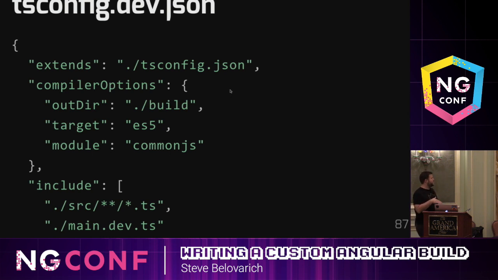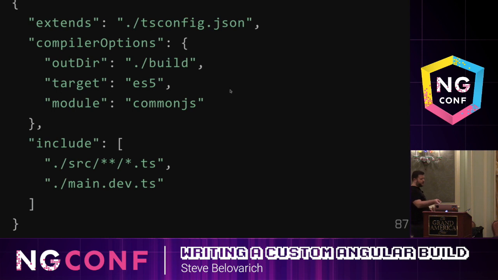It's going to target ES5, and it's going to compile everything with a CommonJS module pattern because we're already using a CommonJS module pattern for all of our library dependencies. This will allow us to run a development server. This is different than production, though. With production, we're going to do something slightly different.